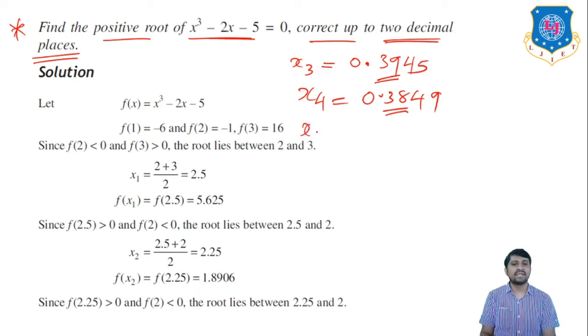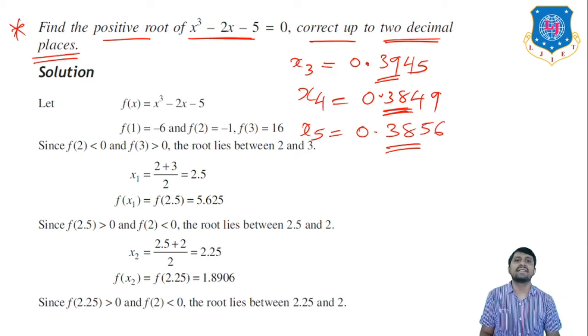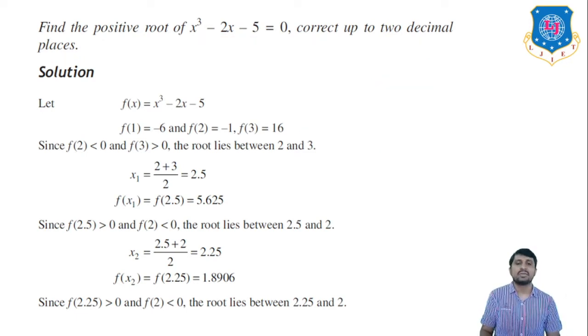Suppose x5 you get 0.3856. Now it is 0.38 and 0.38. After the point, the 2 decimals are the same, so this is your final root. So that is the meaning of correct up to 2 decimal places.